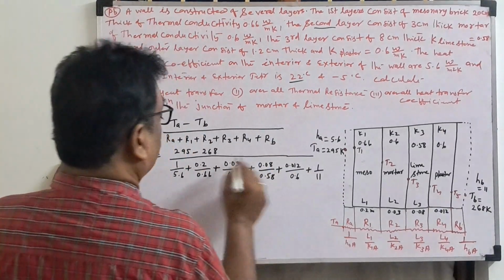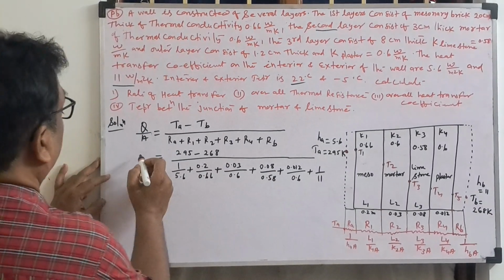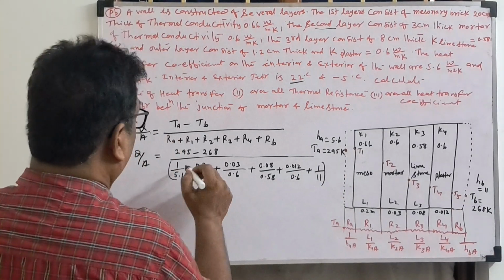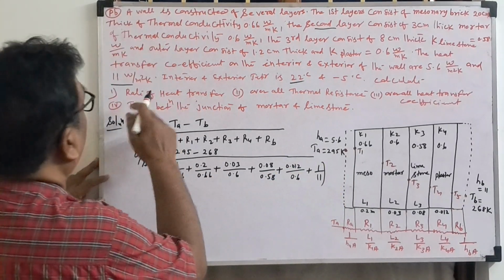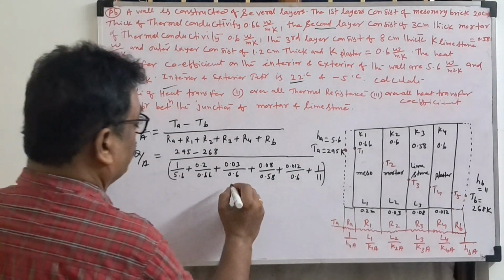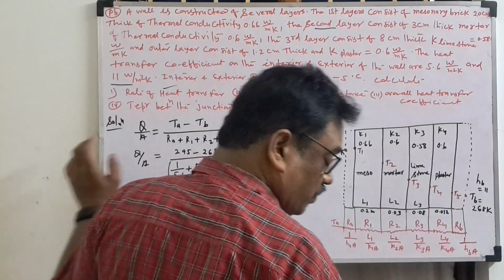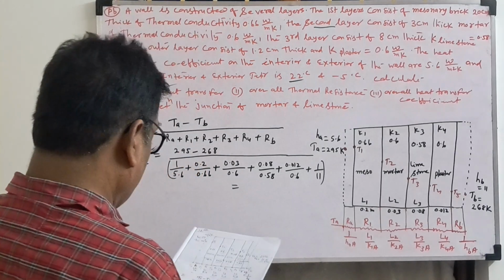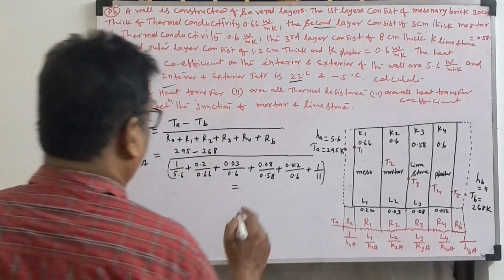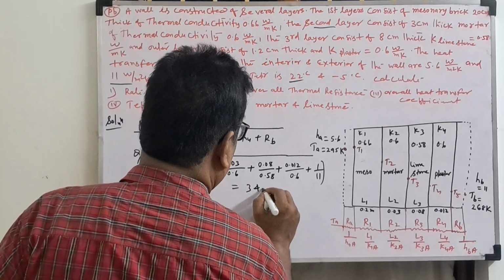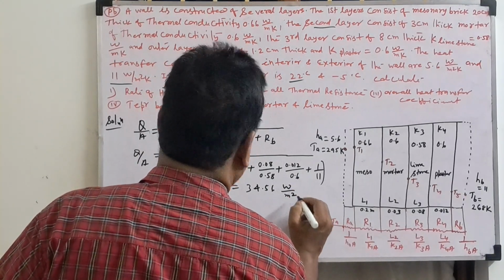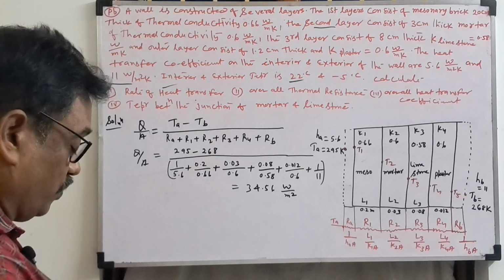So this is the heat flow rate. This is nothing but Q by A only. If you calculate this, what will you get? Heat flow rate. So this answer, we already calculated, is coming 34.56 watt per meter square, because heat flow rate is watt per meter square.